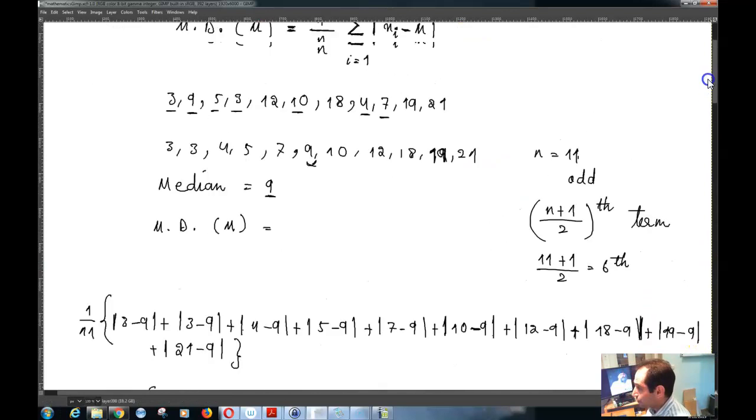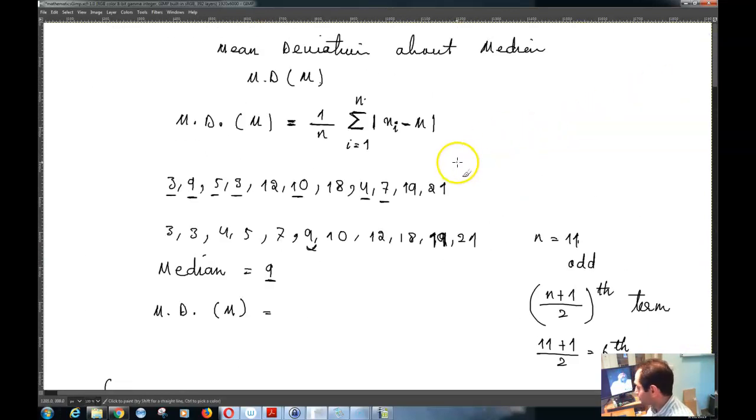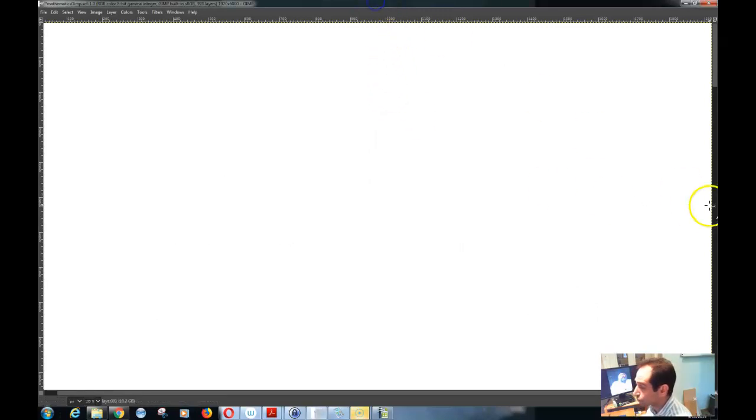Now the next thing that we have is the mean deviation about median. Now, in order to calculate the mean deviation about median, it's again the same process.